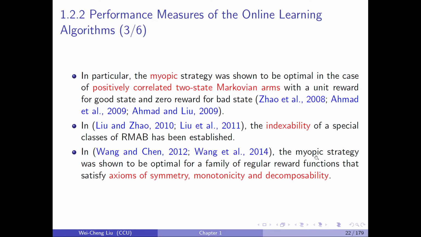the myopic strategy was shown to be optimal for a family of regular reward functions that satisfy axioms of symmetry, monotonicity, and decomposability. What are the axioms of symmetry, monotonicity, and decomposability?